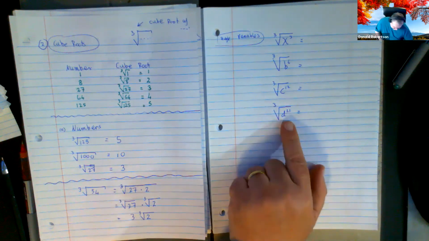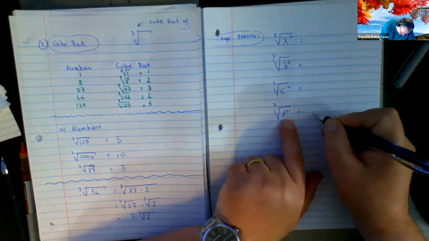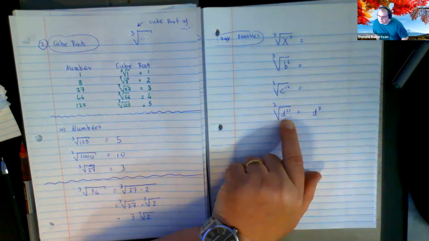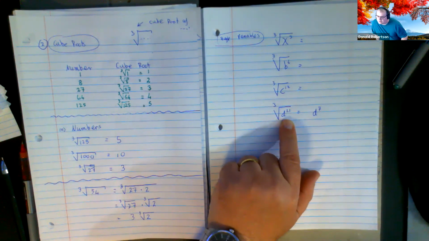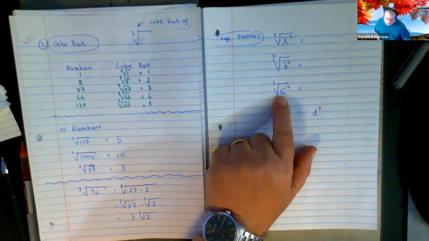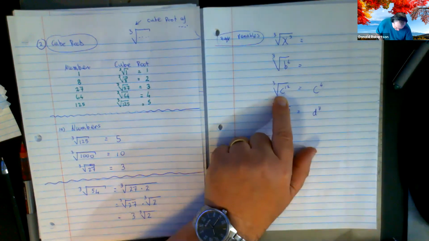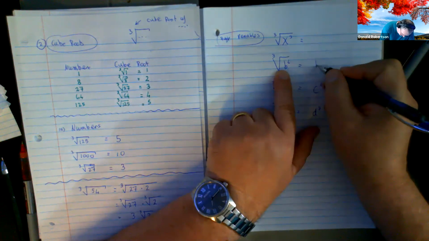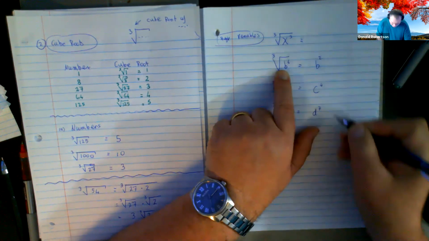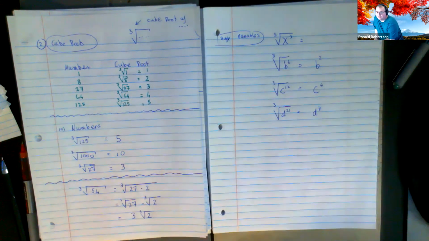So this guy, if you divide them by 3, perfect match, right? There's nothing left over. In this case, if you divide it by 3, perfect match. In this case, if you divide it by 3, perfect match. And what's the top one going to get you?